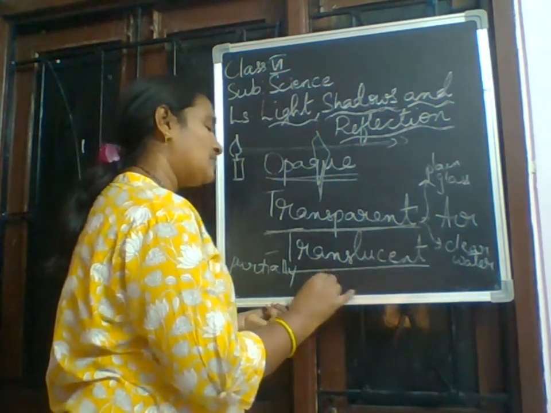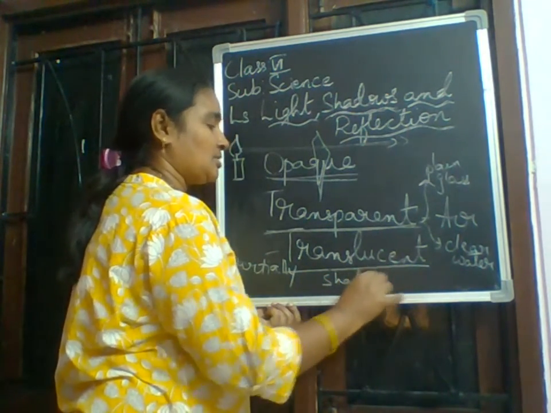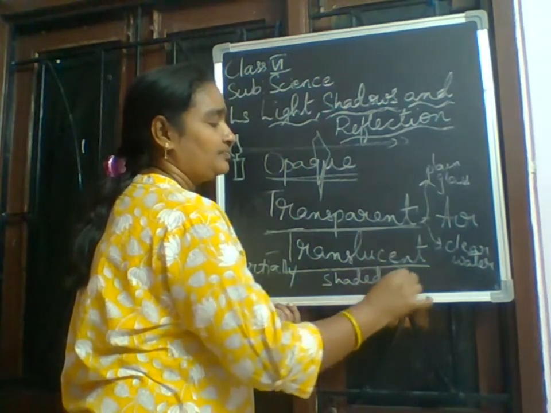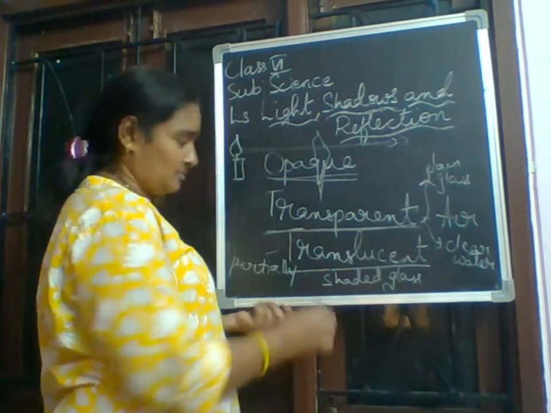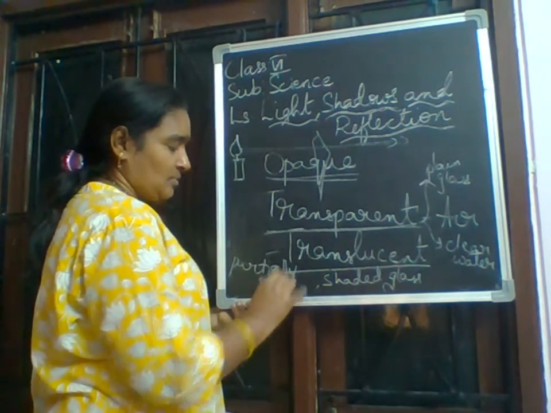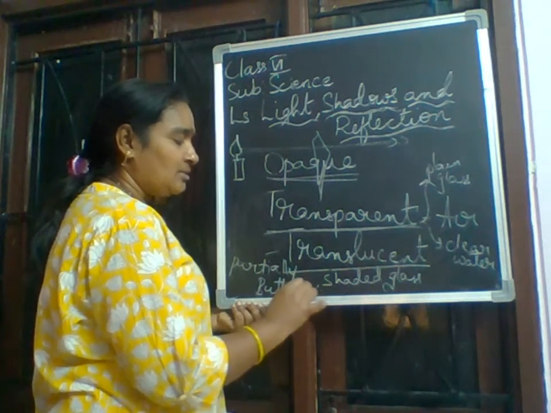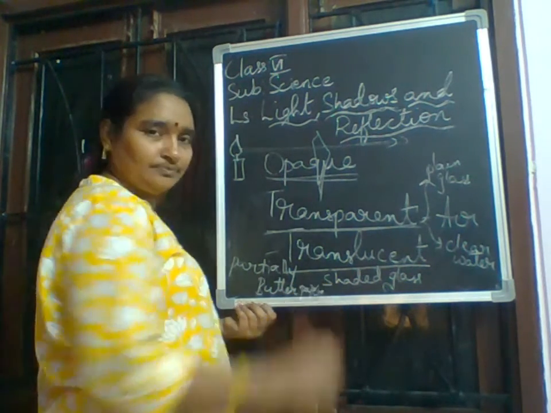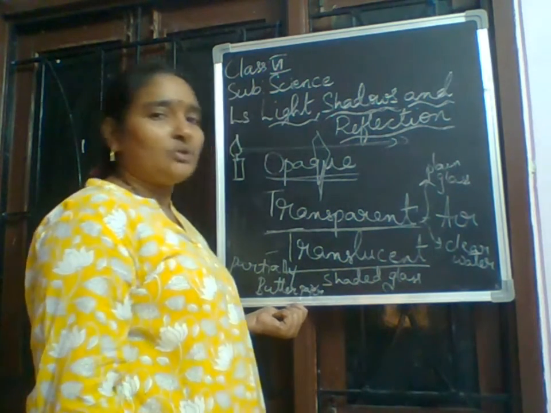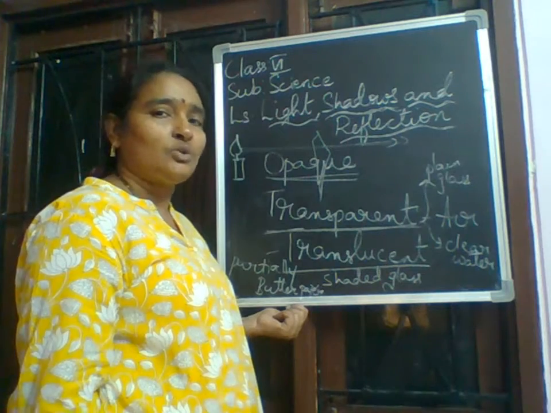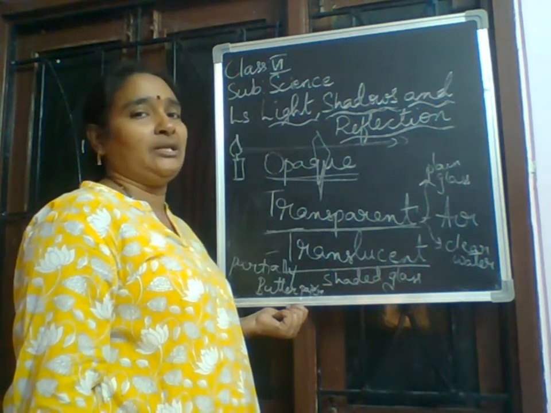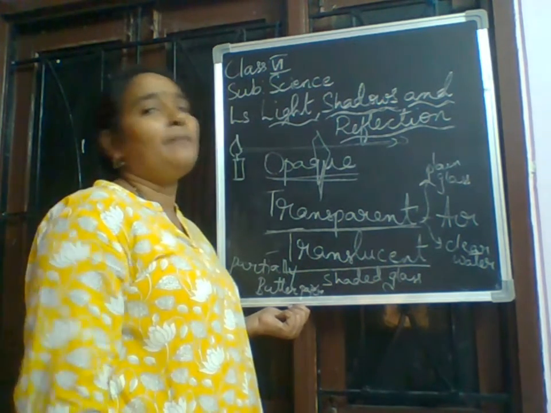Examples are shaded glass and butter paper. Butter paper is like your oil paper. It will not allow light to pass through it completely. It will allow it only partially.